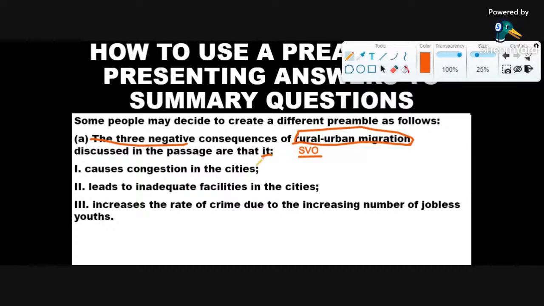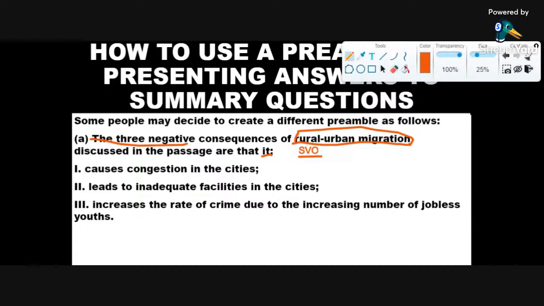And each answer is not the only one that is tied to the preamble. All of them are tied to the preamble. So the usual practice is to use a semicolon and then end with a full stop when you come to the last point. Now, this essentially is the type of preamble that can be a trap to candidates.